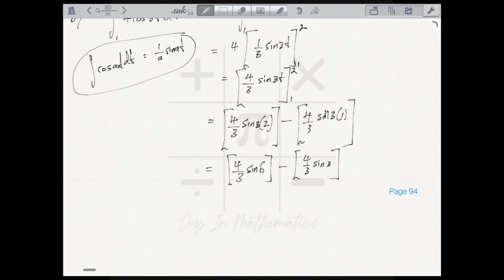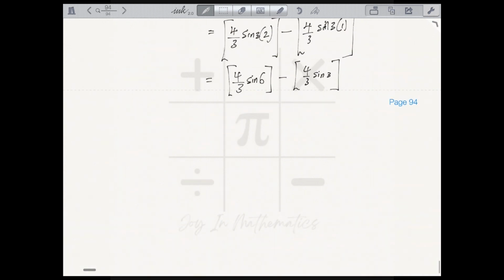Now sine 6 here, 6 here is in radians, 3 here is also in radians. So when you plug into the calculator to evaluate in radians, we'll have this give us minus 0.37255 minus 0.18816. Simplifying this, we'll have minus 0.5607.